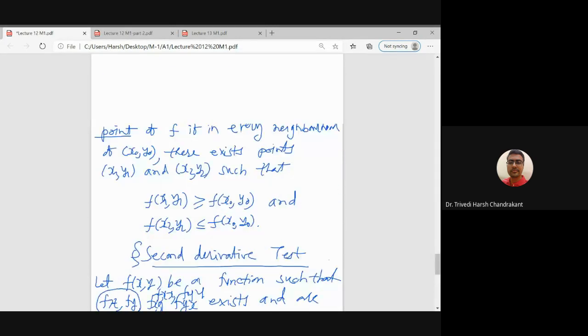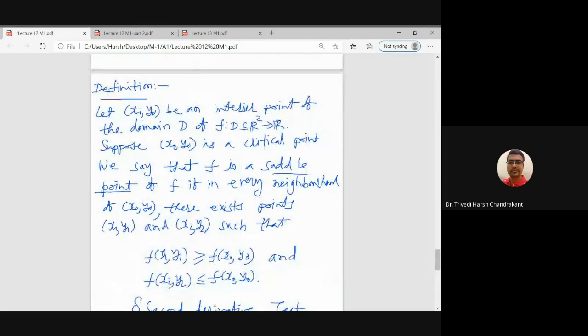So saddle point means whatever small neighborhood we take of the point (x0, y0), there always exists a point where the value of the function is greater than or equal to f(x0, y0), and there is another point where the value of the function is less than or equal to f(x0, y0).